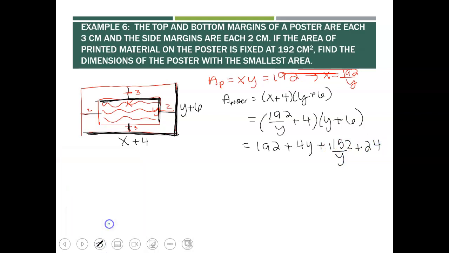And then find your derivative. And then find your zeros.